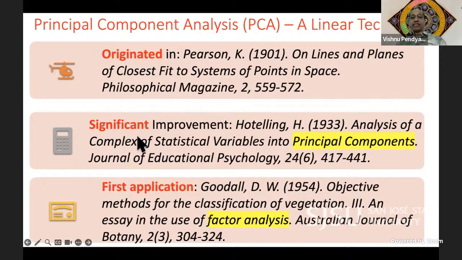Factor, feature, dimension, component: all these are used interchangeably. They all mean the same thing, the columns in the table of the data set, right? I highlighted these words because PCA is sometimes referred to as factor analysis as well. Principal factor analysis and principal component analysis all mean the same.